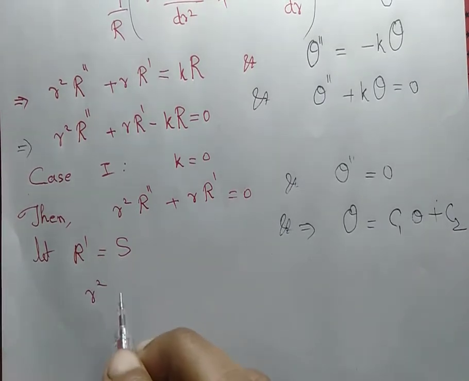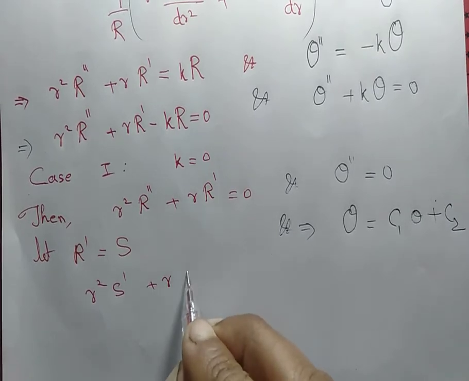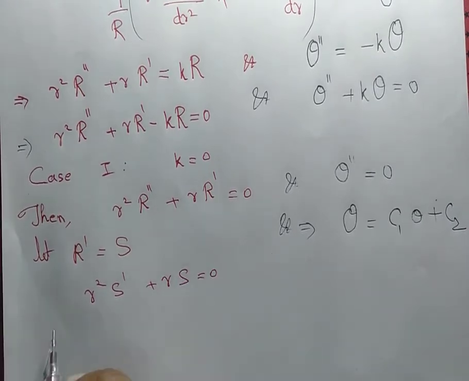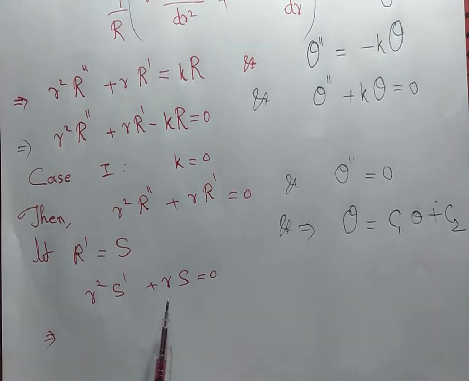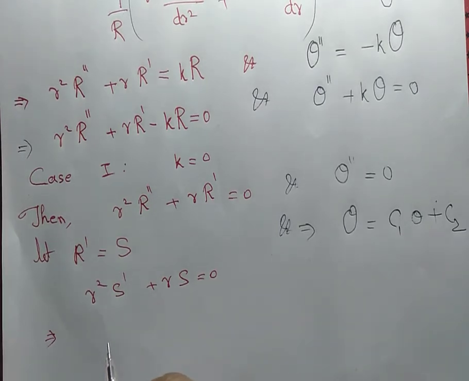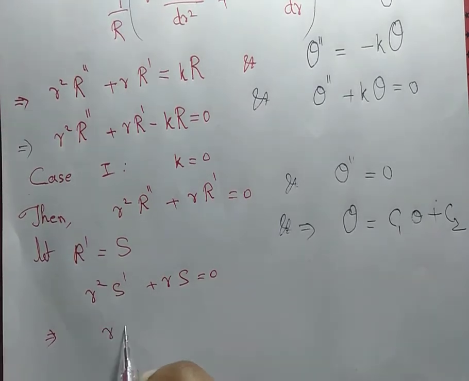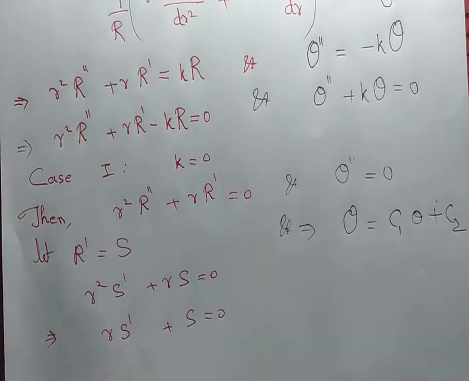Then we will have r squared s dash plus r into s equal to 0. Now you generally don't have that r is 0, that will just reduce your domain to a point, so we neglect the case r equal to 0, and so we have r into s dash plus s equal to 0.